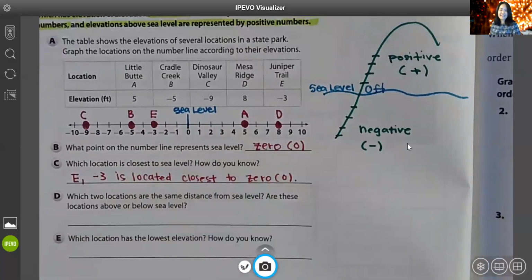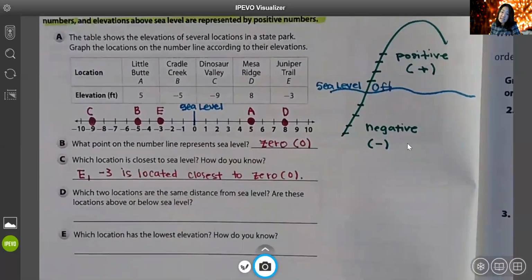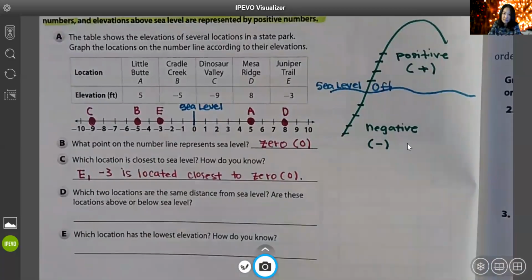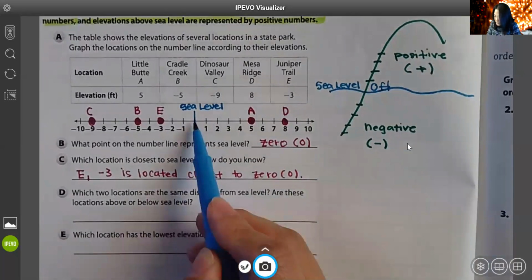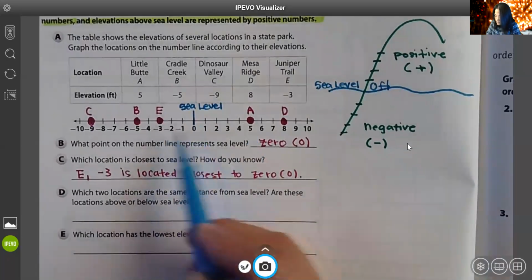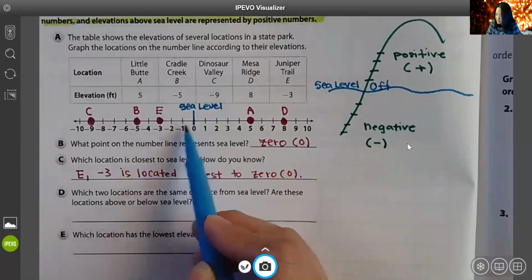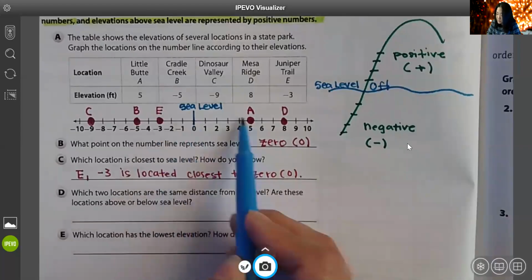Okay. All right, D. Which two locations are the same distance from sea level? Are these locations above or below sea level? Well, let's take a look here. So sea level is right here. Which 2 points are the same distance from here? Are this one and this one, so 5 and negative 3, the same distance? No. This is 3 units from 0, and this is 5 units from 0.